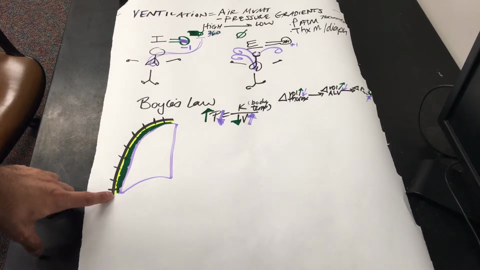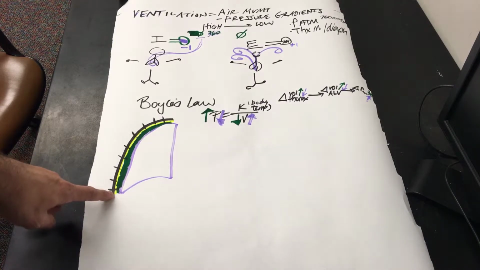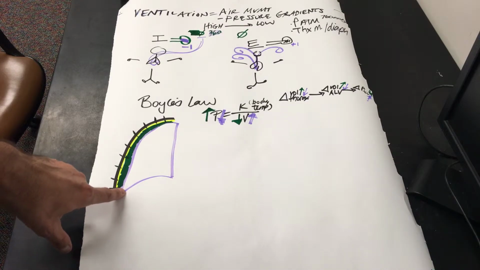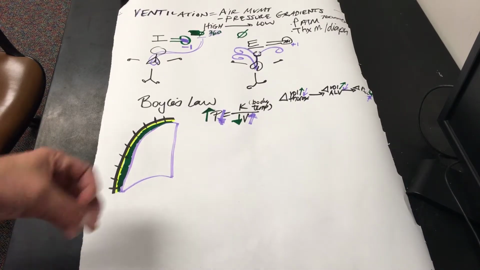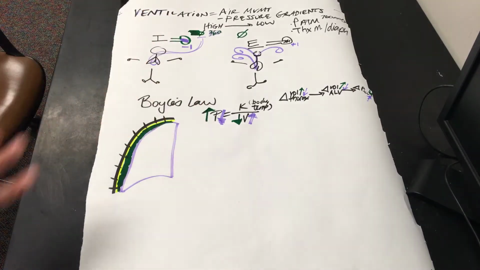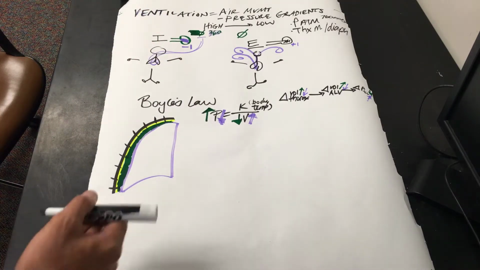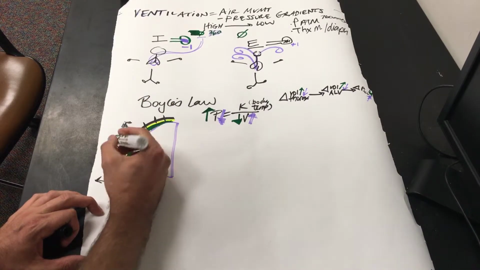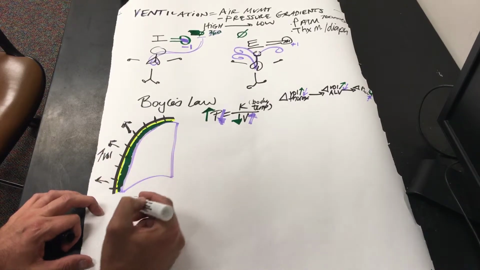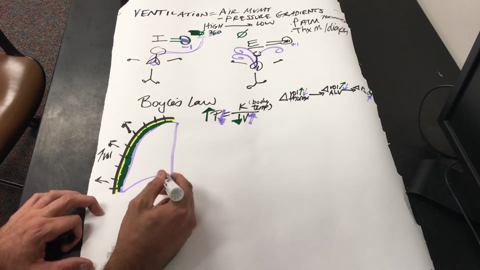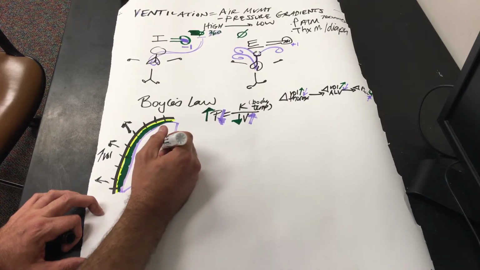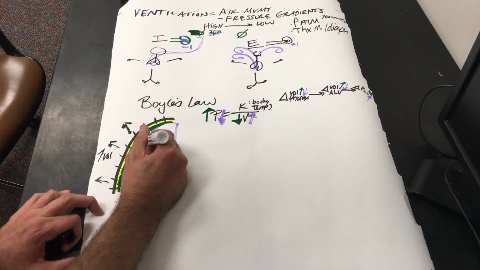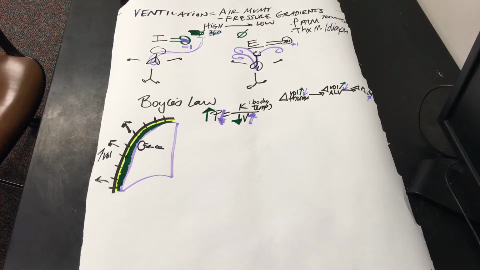The yellow parietal pleura is densely adherent to the inside of the thorax. The green visceral pleura is densely adherent to the lung. And so these four structures are adherent to one another, so that if the thoracic wall moved out and the volume increased, then that change in volume would be transmitted to the alveoli, and they would go from small to high volume as a result.